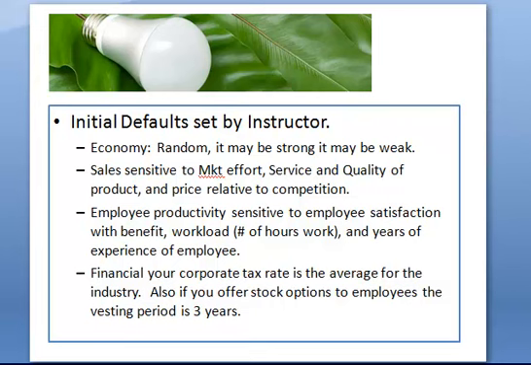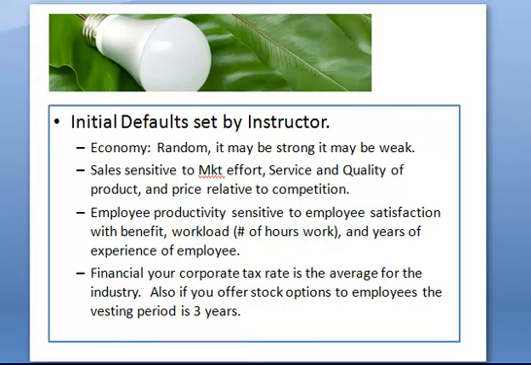So it'll tell you each quarter how much turnover you have, how many people are leaving your company. They'll leave if they're dissatisfied with the benefits or the workload. And it takes about 2 years to bring an employee fully up to top-notch capabilities.